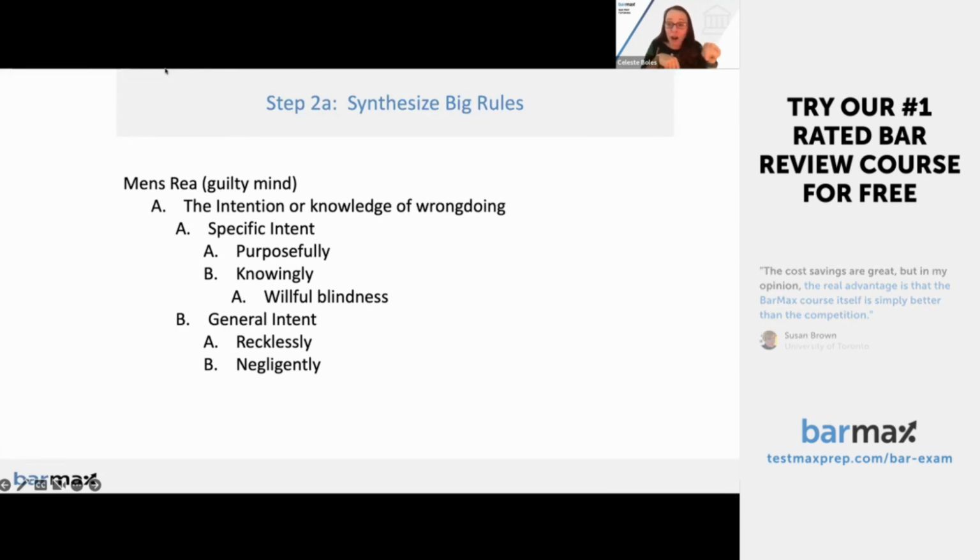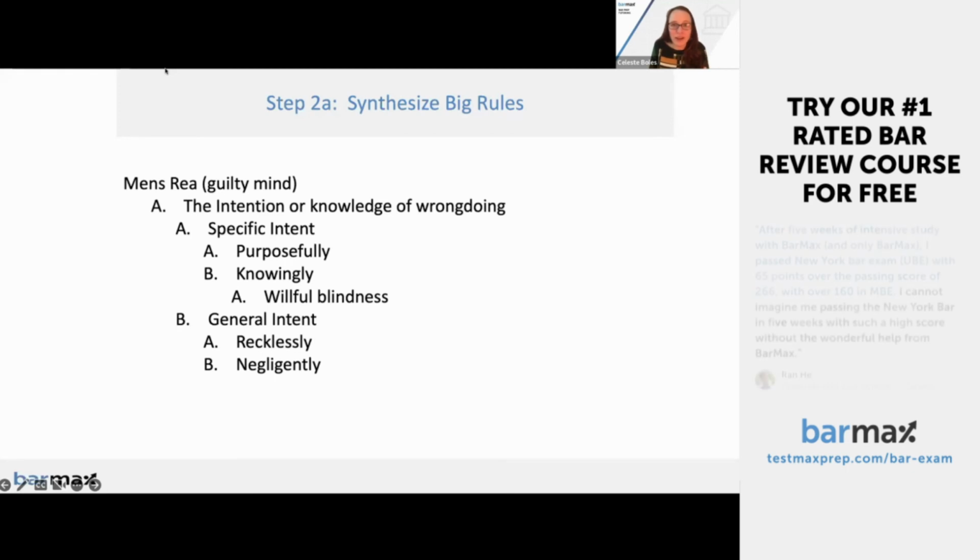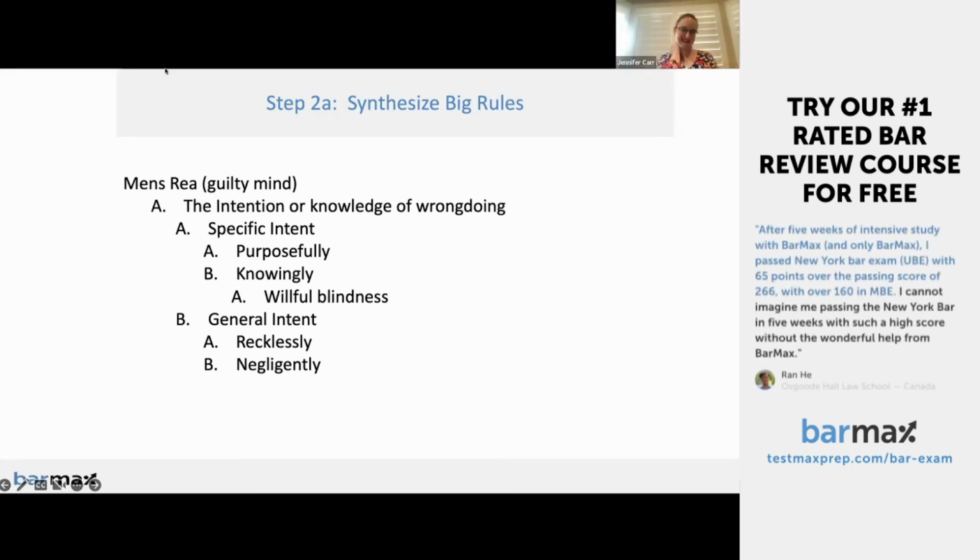I want to give one caution about using outlines from former students in that professor's class, because there is something good about that, right? It's that same professor, so you've got their lingo. But caveat emptor, and if you haven't covered that yet, let the buyer beware.